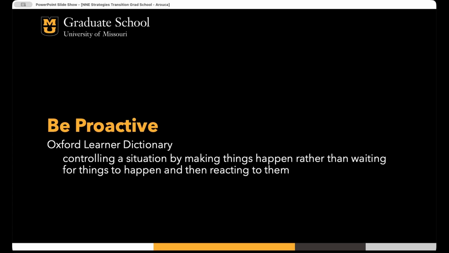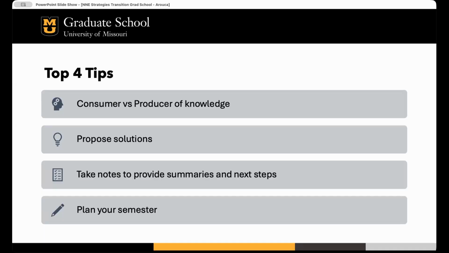So being proactive means controlling a situation by making things happen rather than waiting for things to happen and then reacting to them. Because at the graduate level they're not expecting you to just react to things, because you are now moving from a consumer of knowledge perspective to a producer of knowledge.